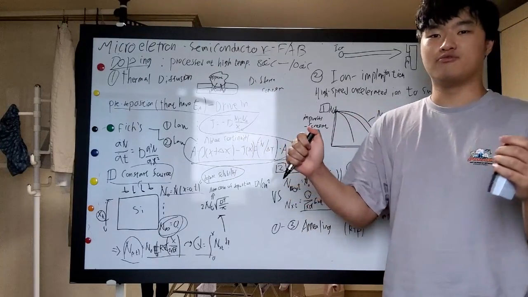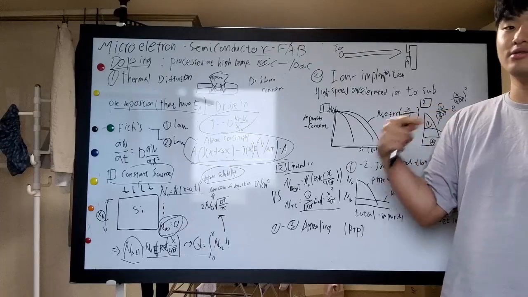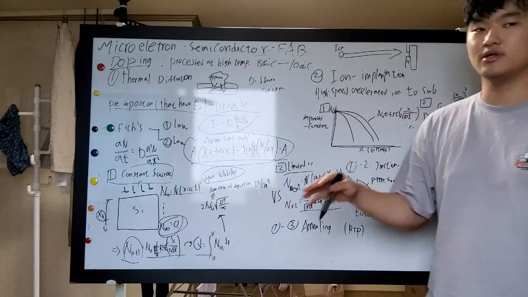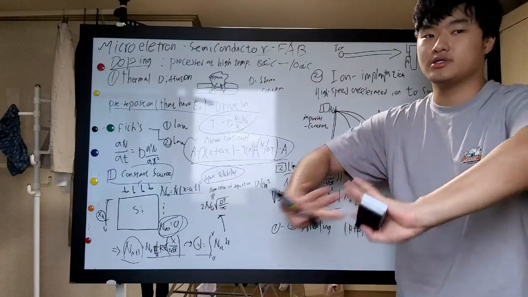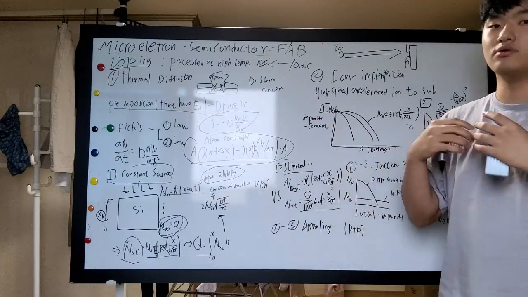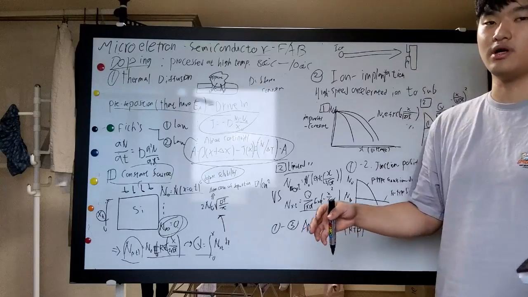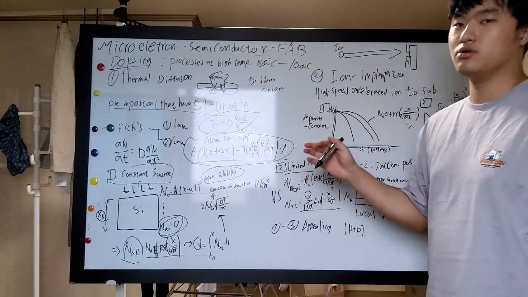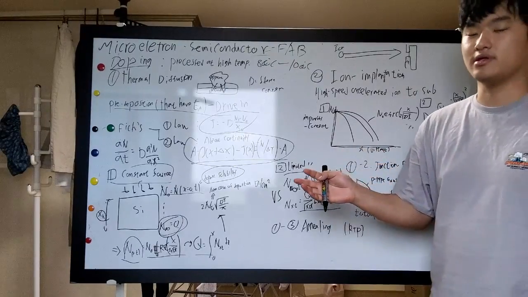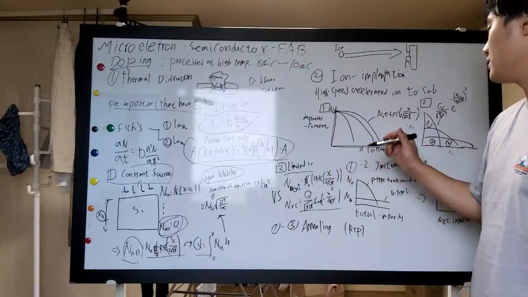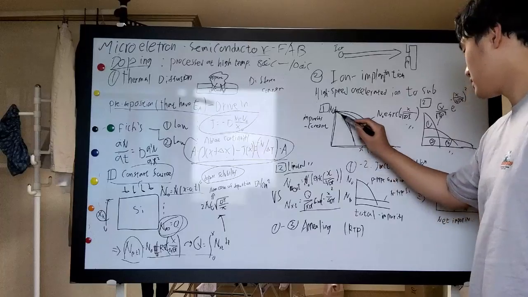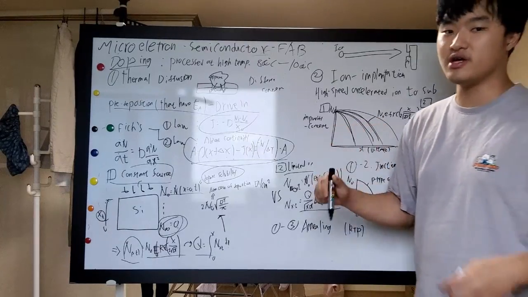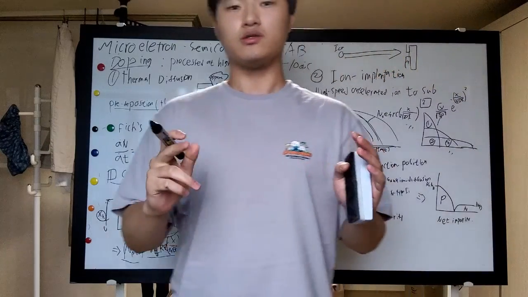If we have higher energy or a higher diffusion coefficient, then the deeper and larger the dopant will be injected and it will have a higher density of electrons or holes, whatever, meaning the main source of the carriers. So the dopant will go farther if there is more energy and a higher diffusion coefficient.